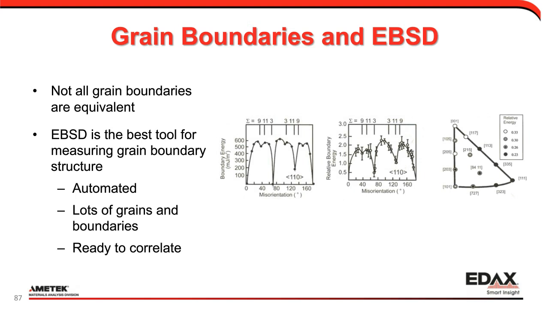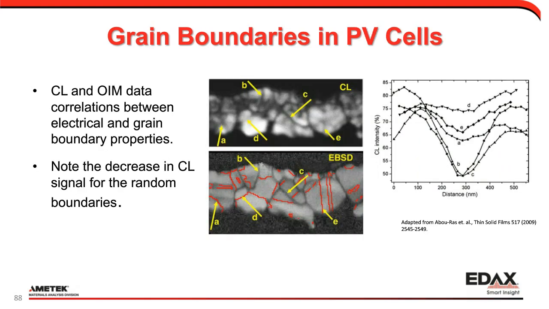And so kind of tying this concept back to what we talked about originally, if we look again at grain boundaries in photovoltaic cells, we showed that Kelvin probe force microscopy image where we said we can measure the voltage response of specific boundaries. Well, we can think about doing similar work where we correlate EBSD data with characterization data.